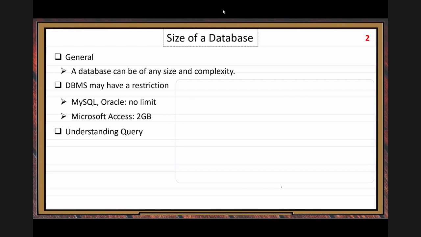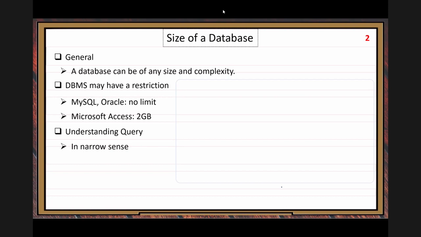Understanding query. This word, its meaning. Here we use the query word a lot. There are two different meanings. In the database context, people understand it in two different ways.